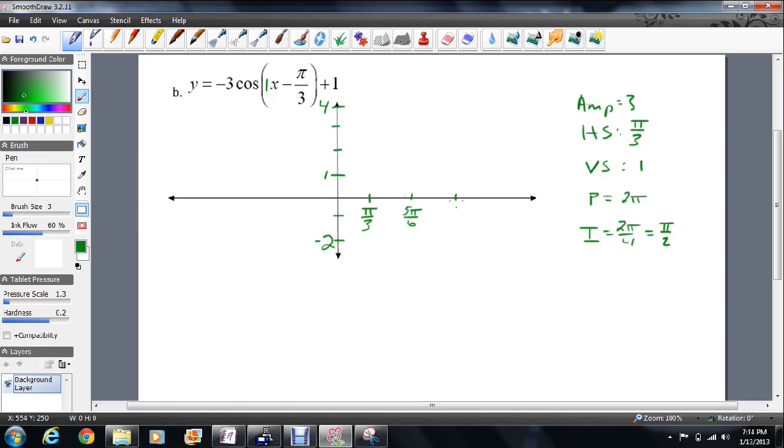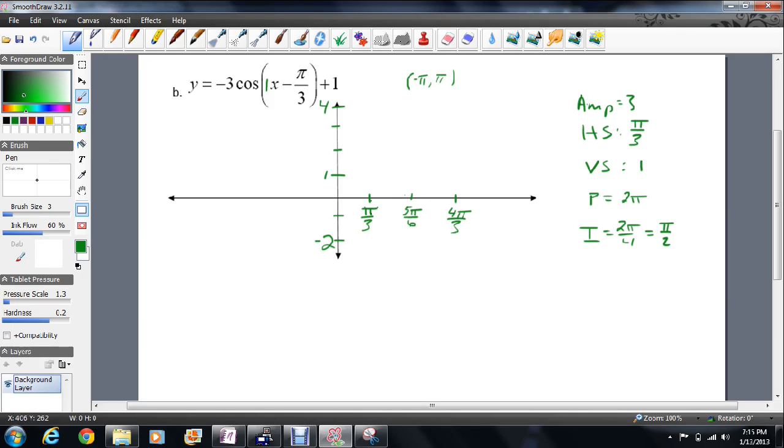If I add my interval again, 5 pi over 6 plus pi over 2, it's going to give us 4 pi over 3. We went far enough on the right side of the x-axis because 4 pi over 3 is a little bit bigger than pi. And our original direction said to graph from negative pi to pi.